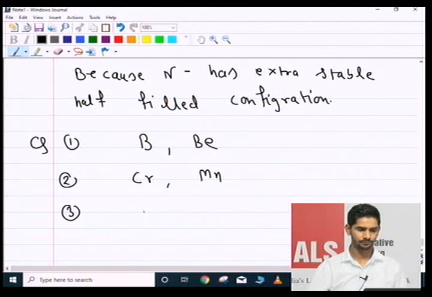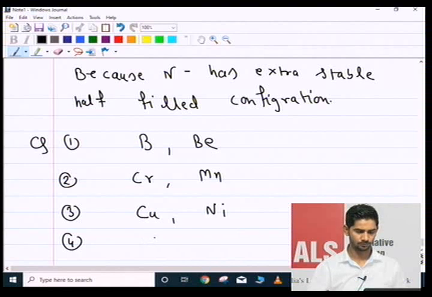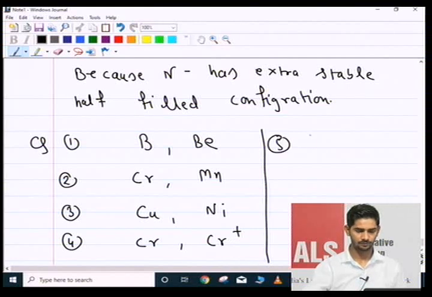Number 3, copper with nickel. Number 4, Cr with Cr plus. Number 5, Cu with Cu plus.